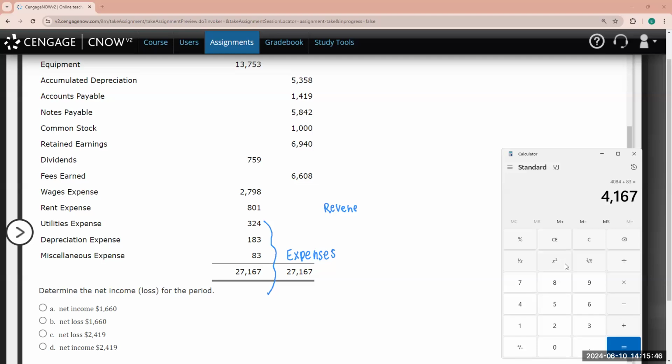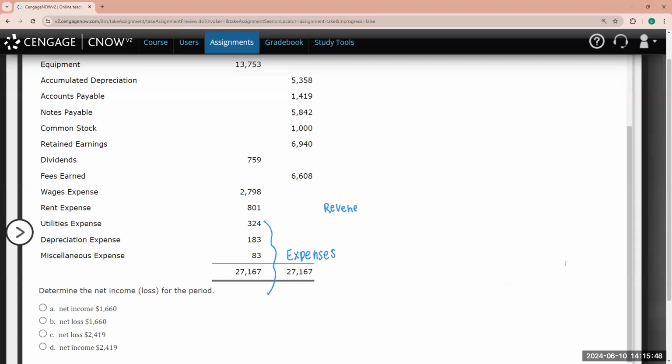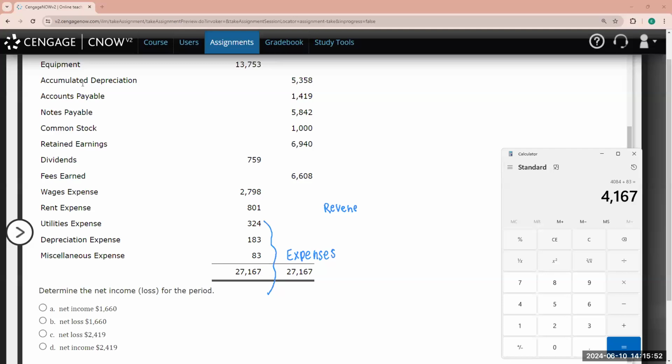We have total expenses of $4,167. So our expenses, 4,167. So this gives us our total expenses.